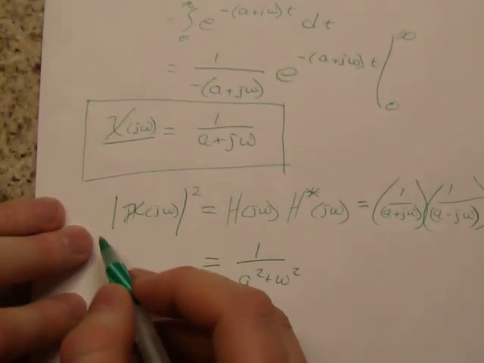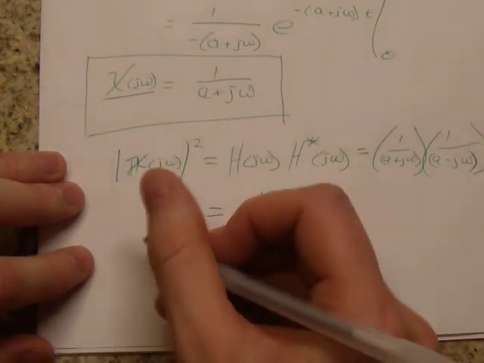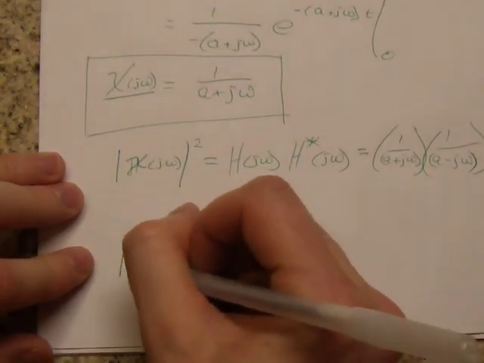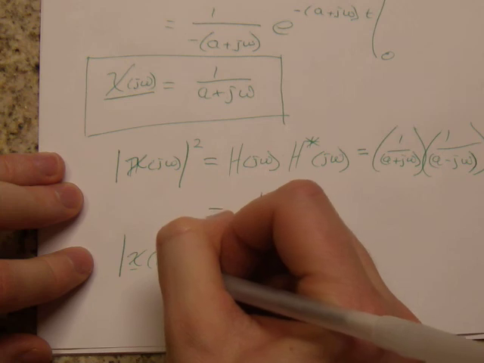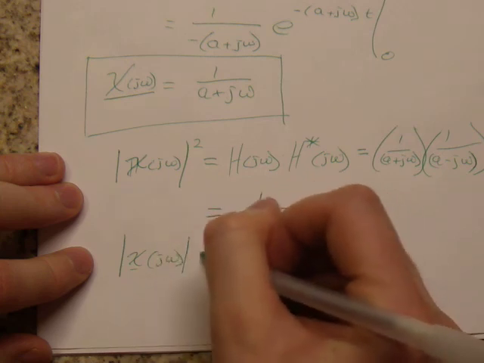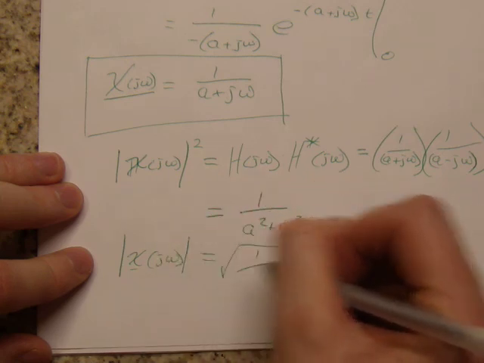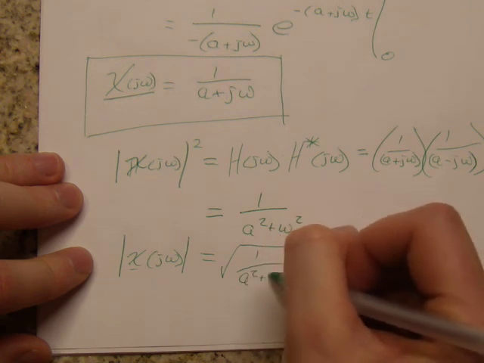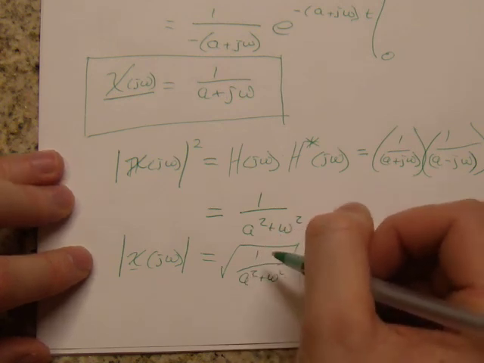If we want to find just the magnitude, we need to take the square root of this. So the magnitude of x of j omega is equal to the square root of 1 divided by a squared plus omega squared.